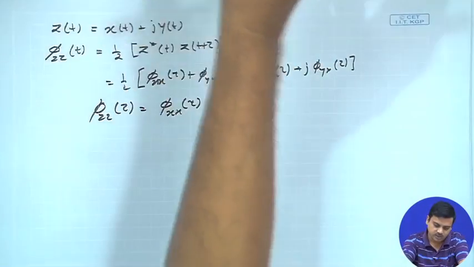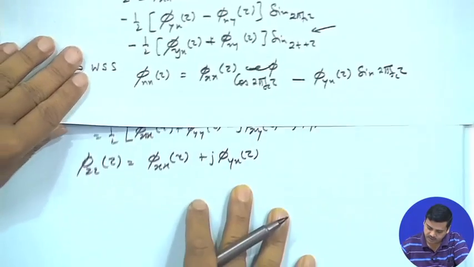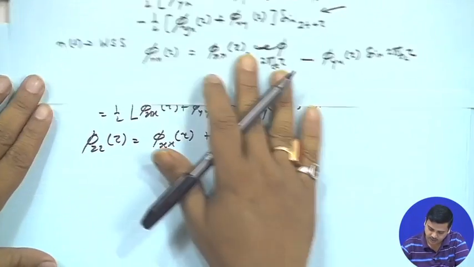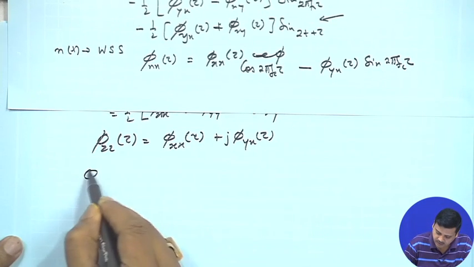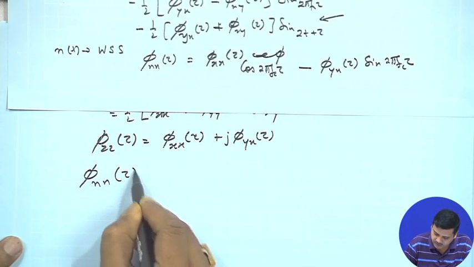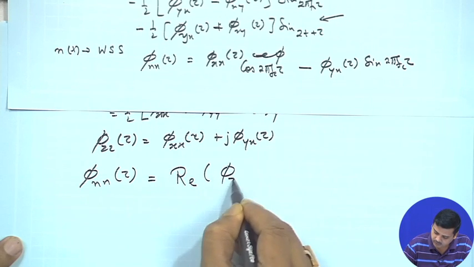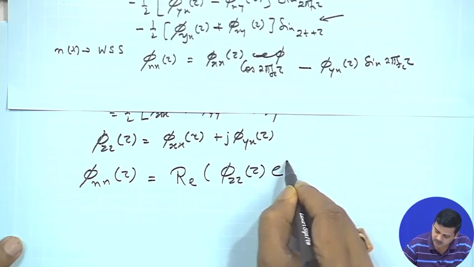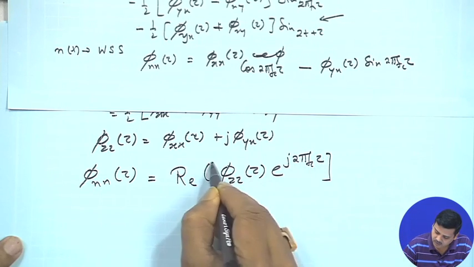Given this relationship, let us look at the last relationship that we derived. If you look at this relationship that we have derived here, then you could say that phi n of tau is equal to the real part of phi zz of tau times e to the power of j 2 pi f c tau.